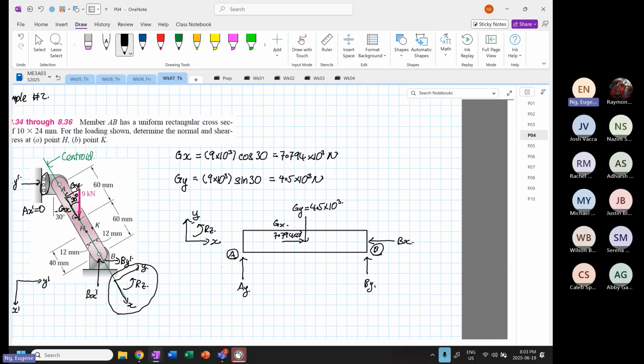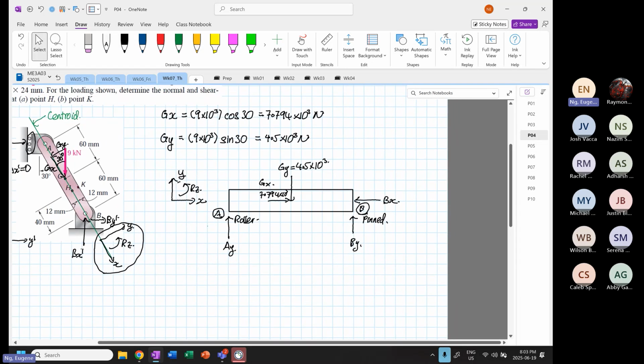Point A is still our roller, at point B is our pin. These two diagrams, the one on the left and the one on the right, are equivalent. So all we have to do now is to find Ay and By.